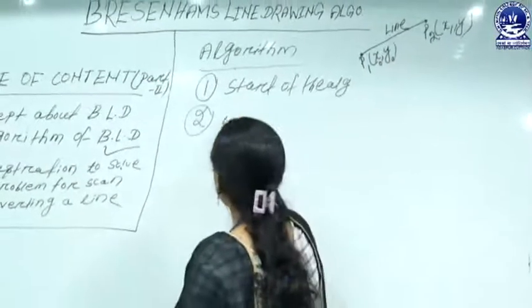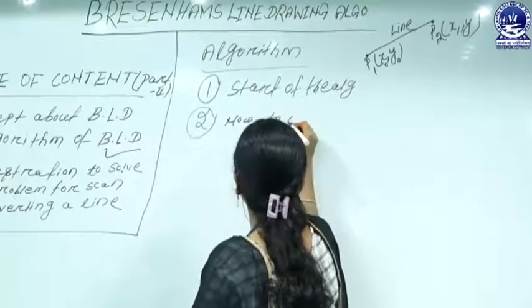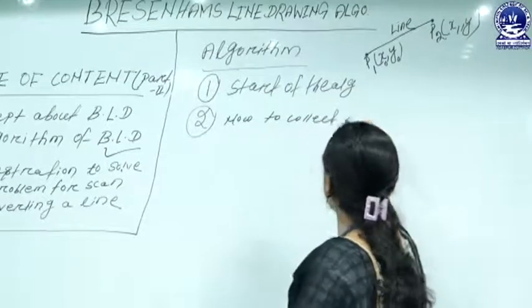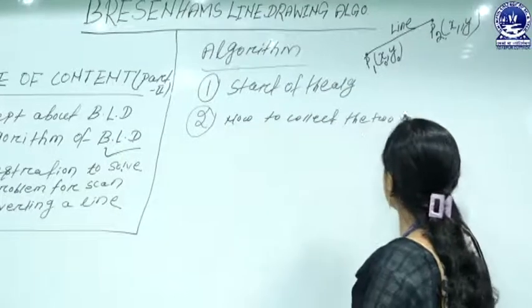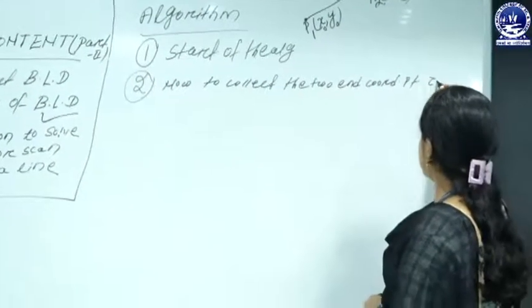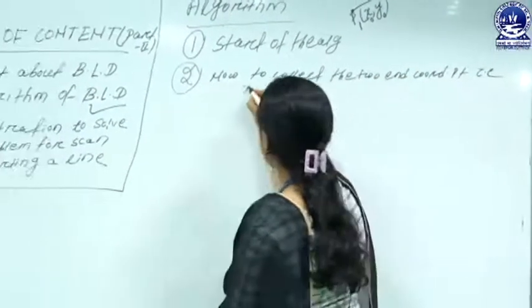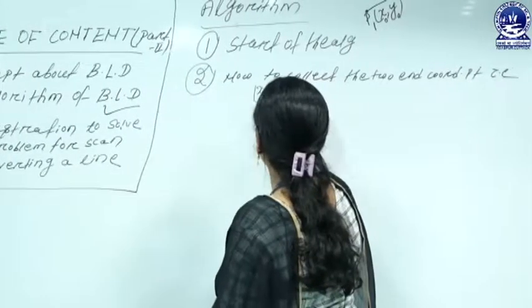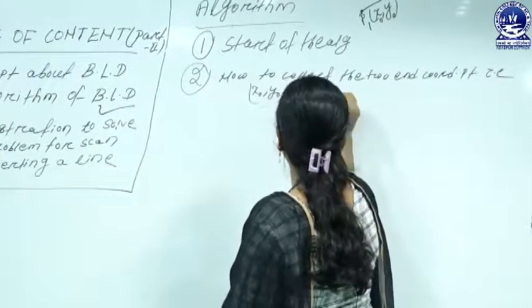So, in the second step, first the programmer collects the two end coordinate points, that is x0, y0 and x1, y1.